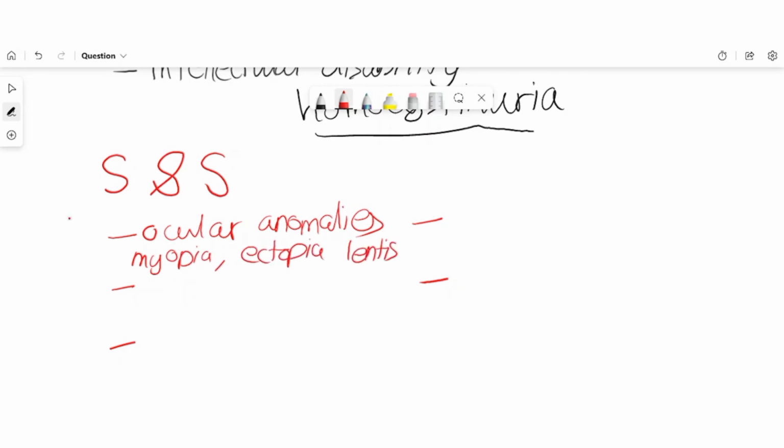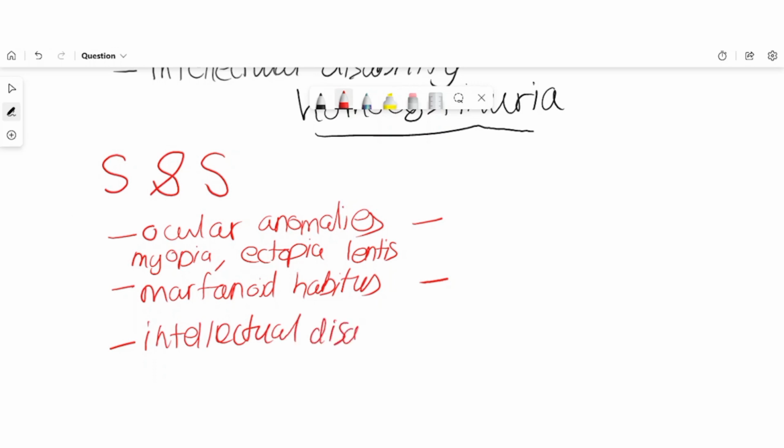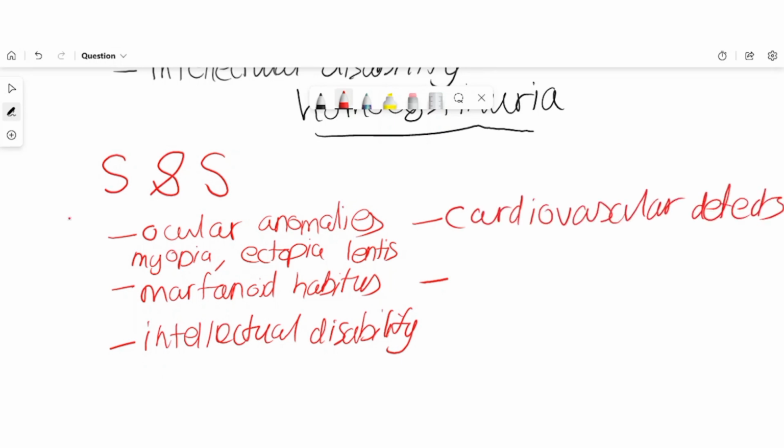The next thing we can see in these patients is marfanoid habitus. Then we can also have intellectual disability. There can also be cardiovascular defects in this patient. And osteoporosis as well.